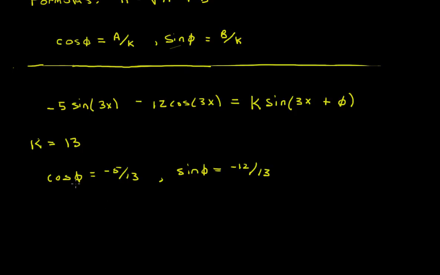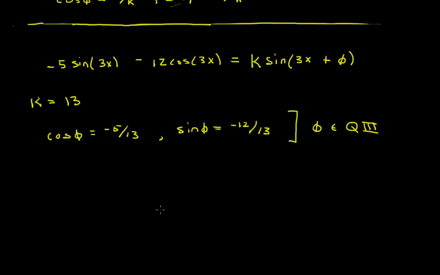First thing I like to do is determine a quadrant. These two signs, both negative, tell me that phi is in quadrant 3. And your calculator will not give that to you directly. When using the inverse sine and inverse cosine functions, in the case of cosine inverse, it's going to give you a quadrant 2 angle, and in the case of sine inverse, it's going to report a negative angle in quadrant 4.